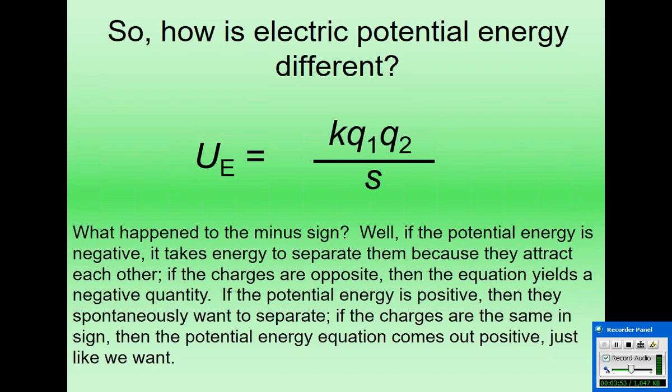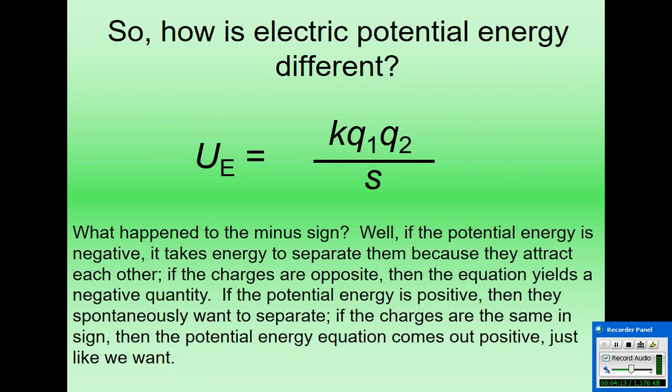So two oppositely signed charges are going to have negative potential energy. On the other hand, if they had similar charges, if they were both positive or both negative, when this is multiplied out and determined on the calculator, you get a positive value for the potential energy.